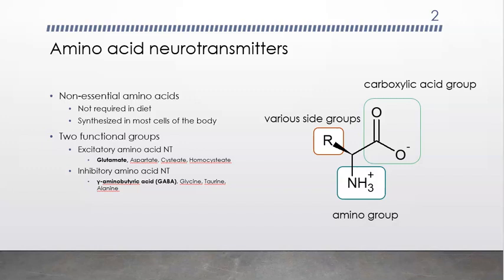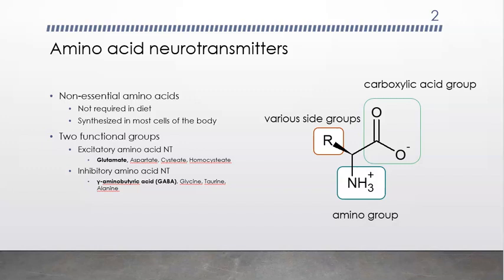The body makes them itself. This is what makes them distinct from the monoamines, because remember, with monoamines, tryptophan is an essential amino acid that we have to get from our dietary sources, and then the tryptophan goes on to make our monoamines. Whereas these amino acid neurotransmitters are non-essential.